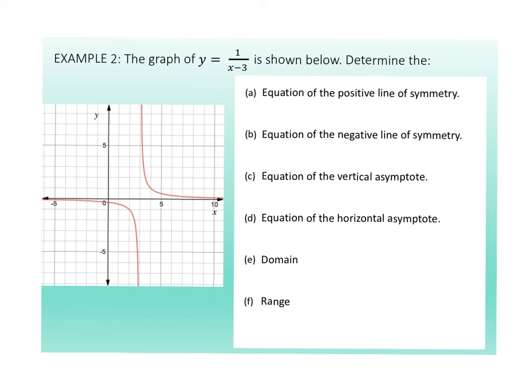So this is the positive line of symmetry, and then the negative line of symmetry, and then the vertical asymptote, and the horizontal asymptote.